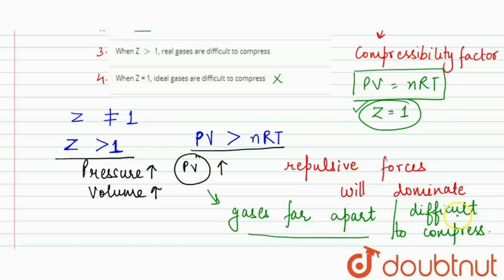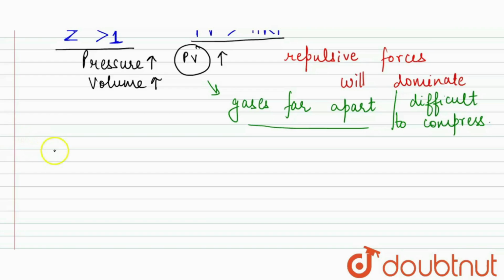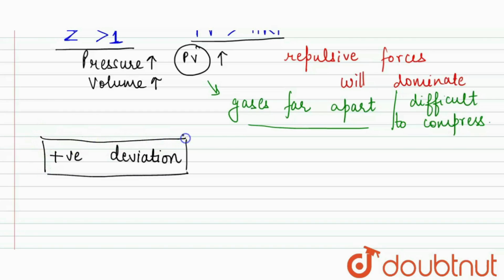It is also said that when z is greater than 1, it shows positive deviation from the expected behavior of ideal gases. And when the gases show positive deviation, these are less compressible.